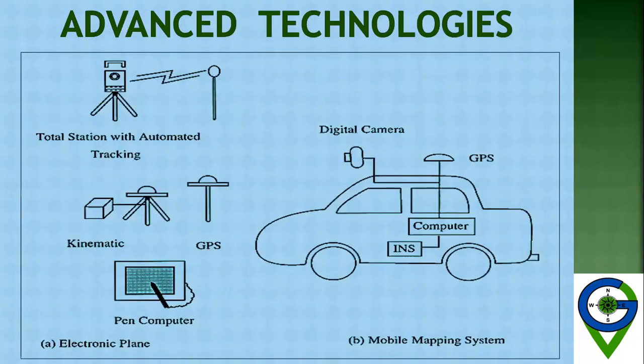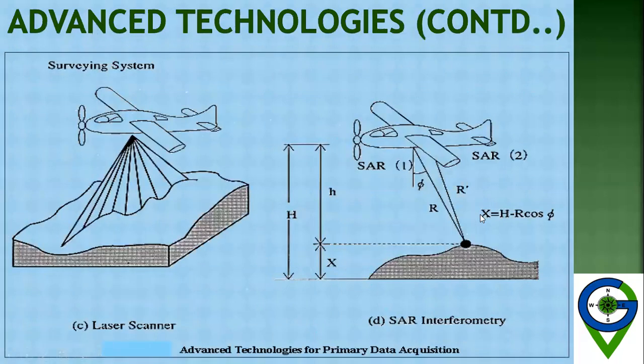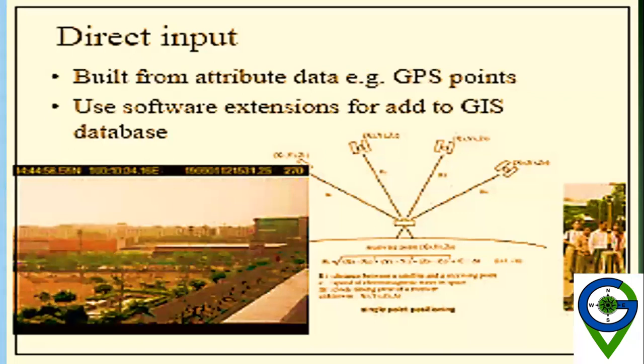So these are the advanced technologies, like the total station with automated tracking, kinematic GPS, and pen computers. Then the mobile mapping system includes digital cameras, GPS, computer, and INS. Then the laser scanner surveying system containing the laser scanners and SAR interferometry. So these are the advanced technologies for primary data acquisition.